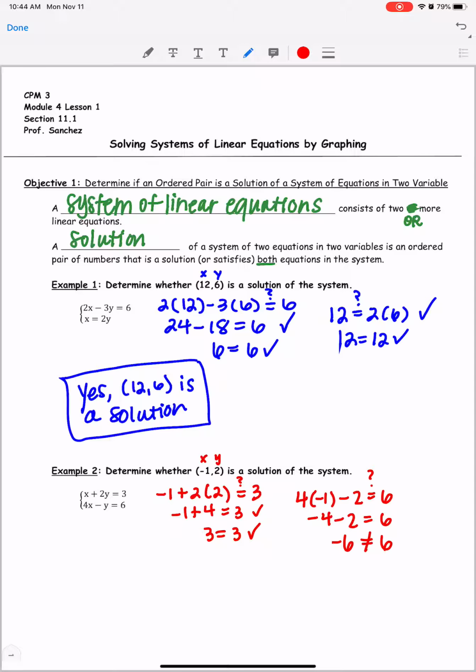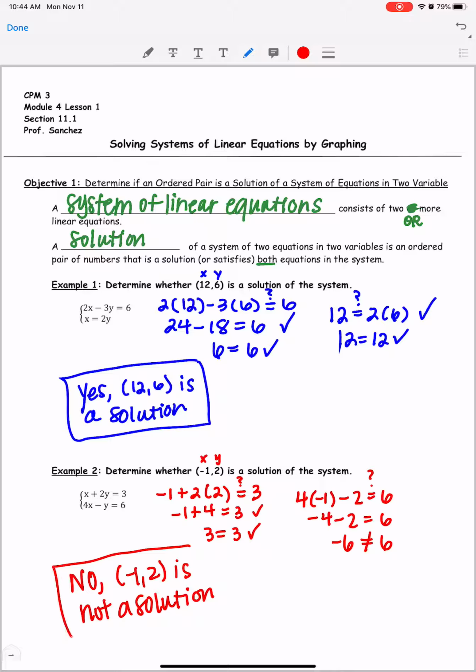And so, because I plugged it into one and it does not work, it does not matter that it worked on this first one, because it did not work for at least one of them. So we will say no, (-1, 2) is not a solution. And that's why it's really important you plug it into both.